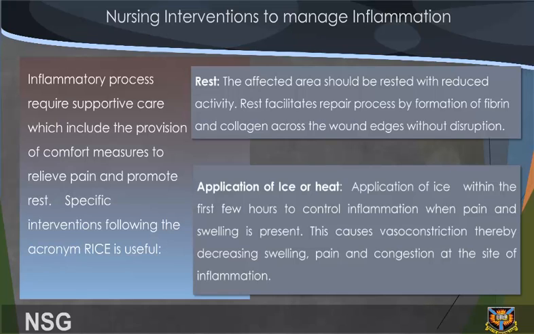Application of ice or heat. Application of ice within the first few hours controls inflammation when pain and swelling are present. This causes vasoconstriction, thereby decreasing swelling, pain, and congestion at the site of inflammation.